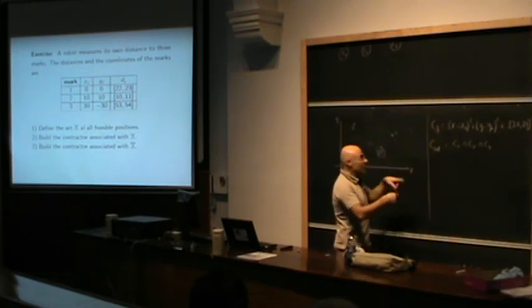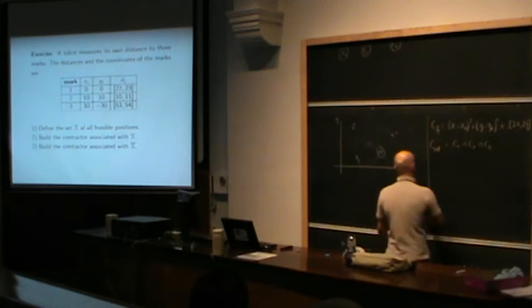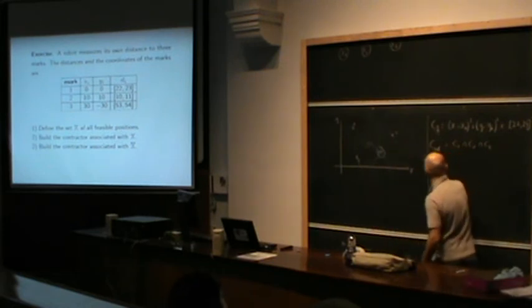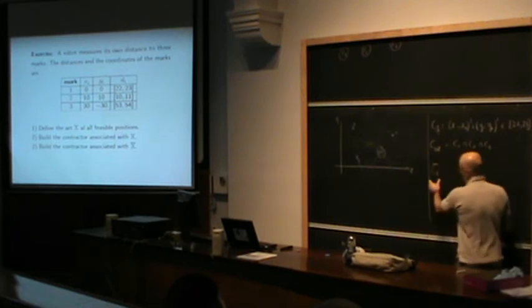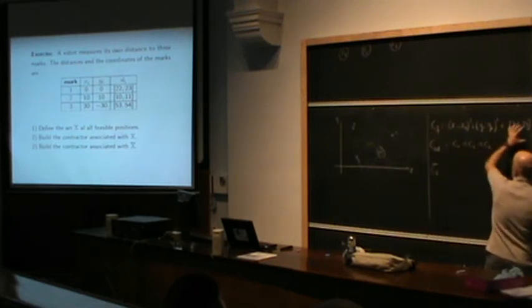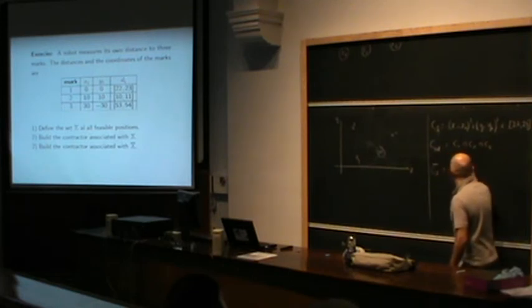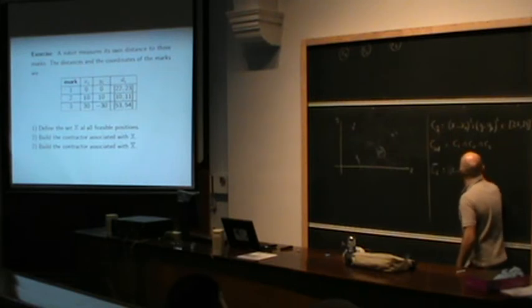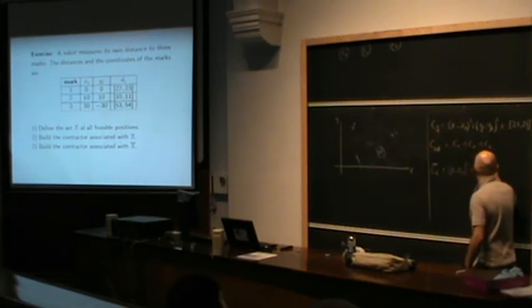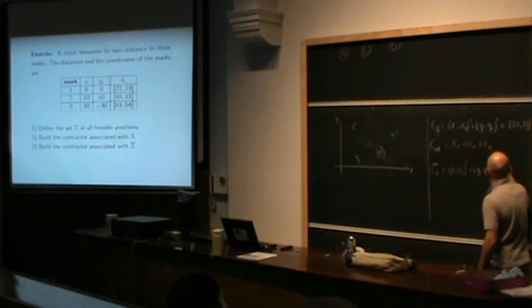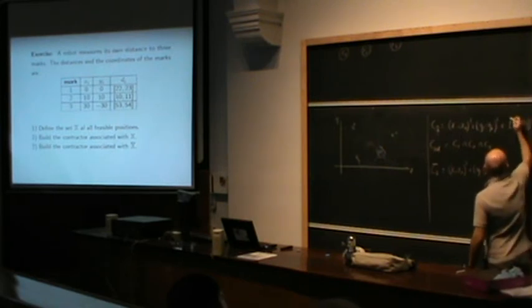Now I want to find also an inner contractor. So how can I do that? I will build a contractor for the complementary: (x minus xa) squared plus (y minus ya) squared smaller than the lower bound.